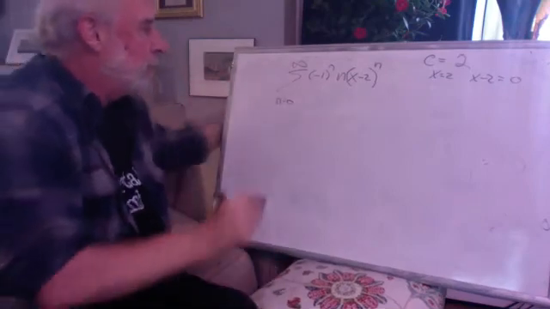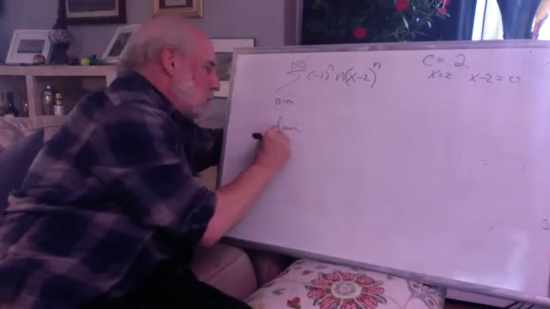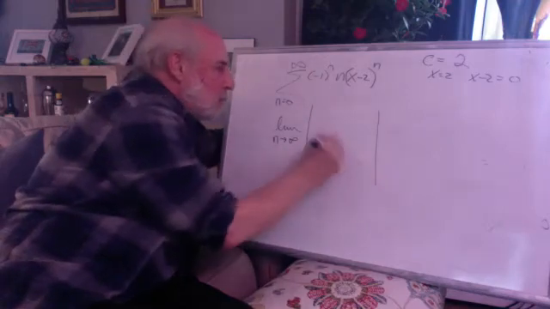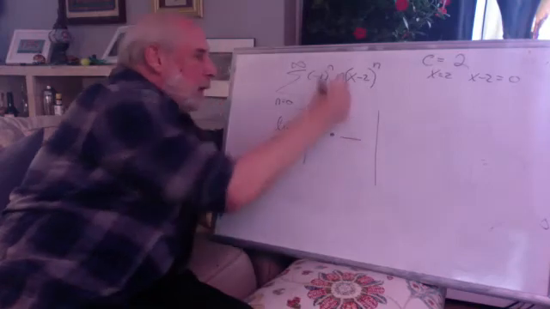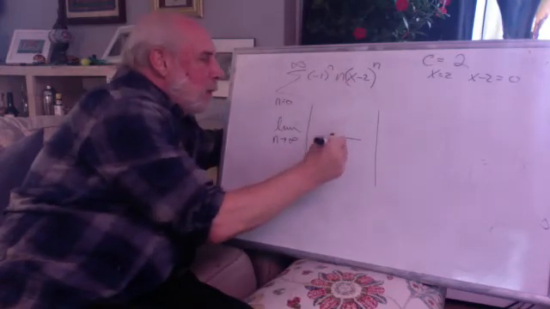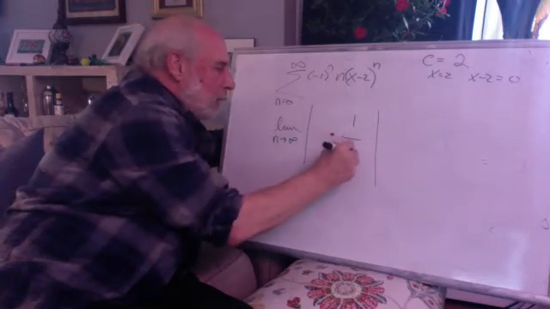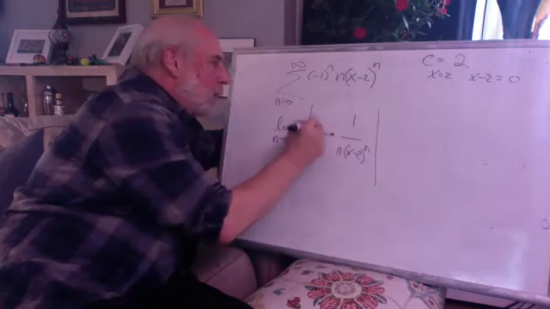So we go to the ratio test. Absolute value signs. Take this and turn it upside down. So we'll have 1 over n times x minus 2 to the n. And over here, I have 1.